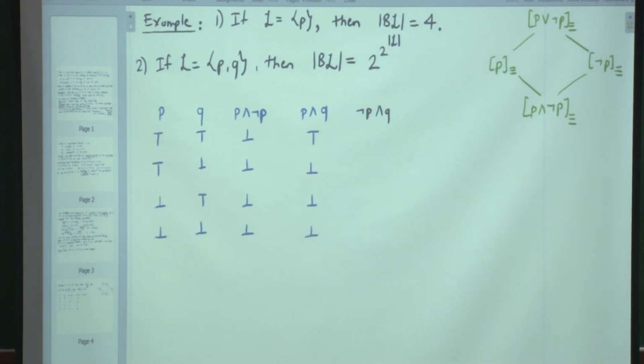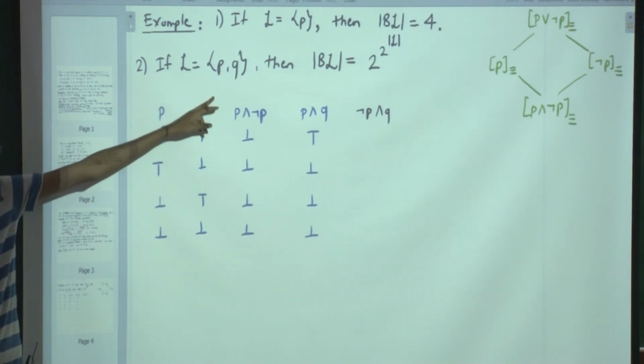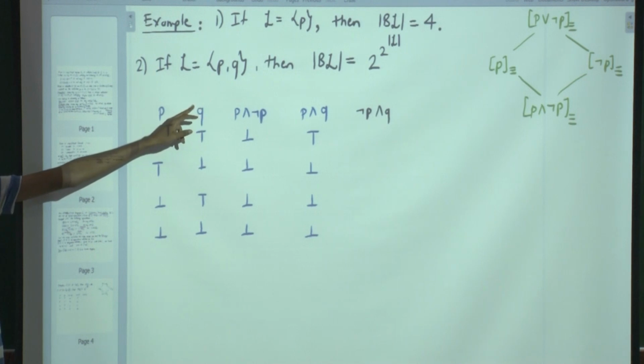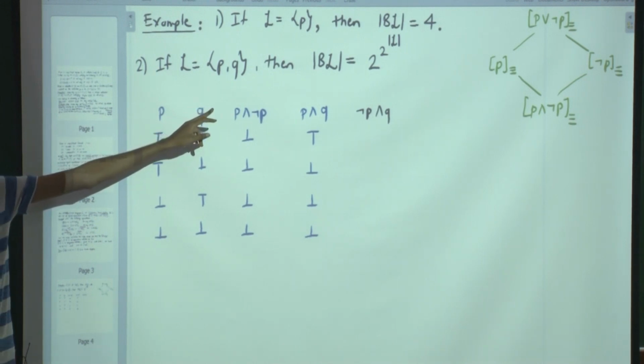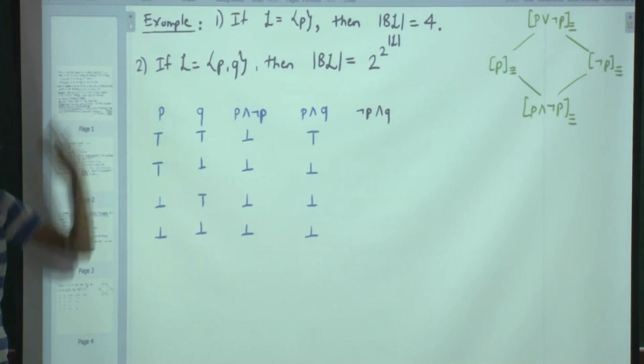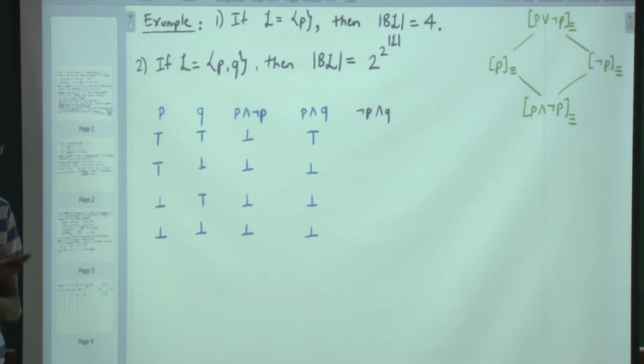Either choose P or choose negation P, choose Q or choose negation Q, choose R or choose negation R. So for each variable there are two choices. So in total how many choices do we have? 2 to the power size of L. So those many atoms, we always have to use conjunction, conjunction, conjunction. That doesn't change. But 2 to the size of L many atoms. Correct? And then 2 to the power size of L, those many elements in the Boolean algebra.